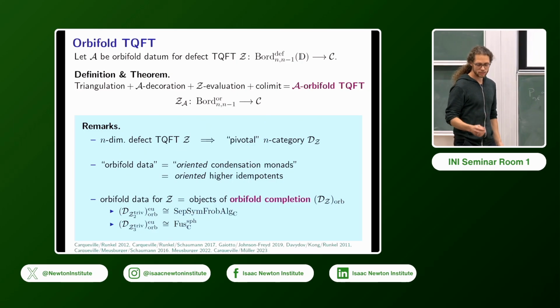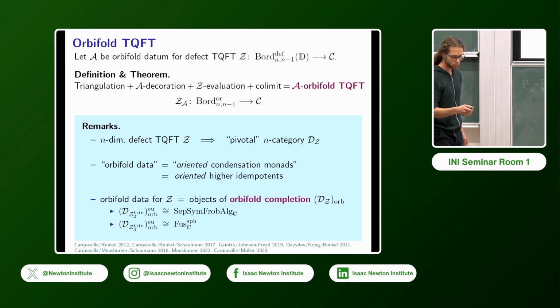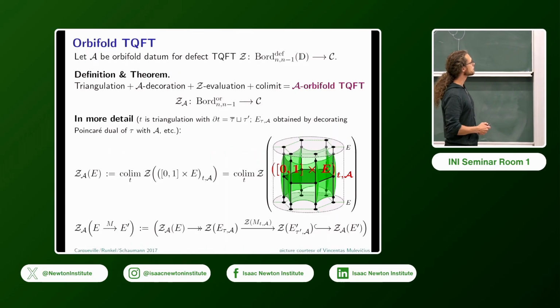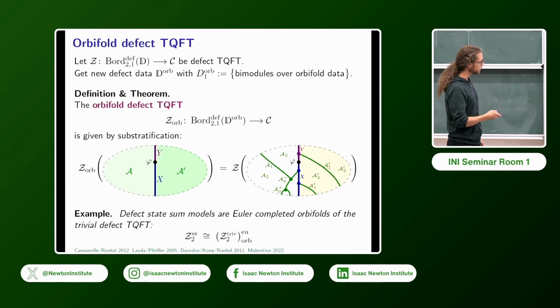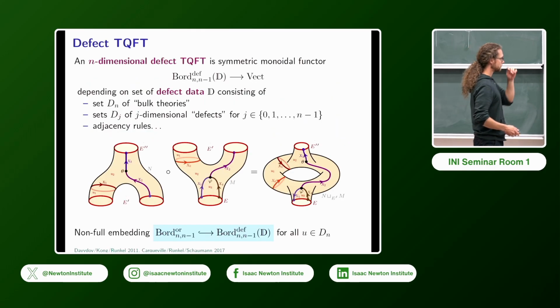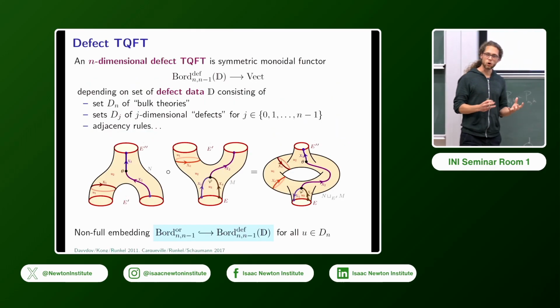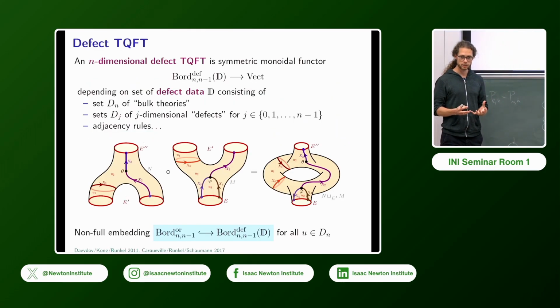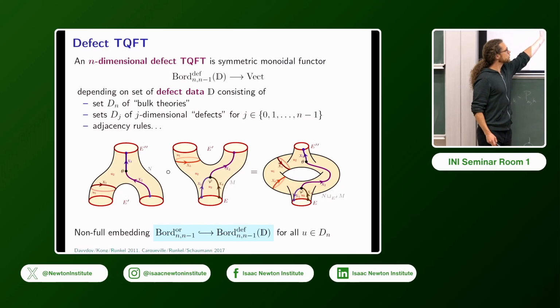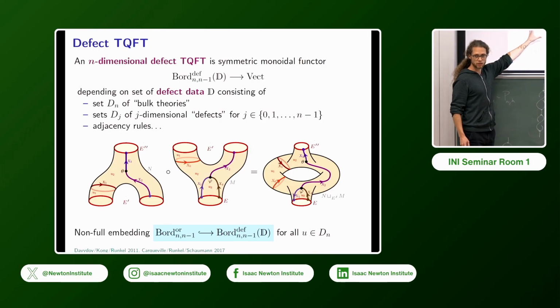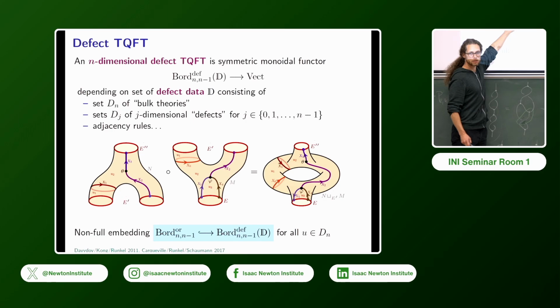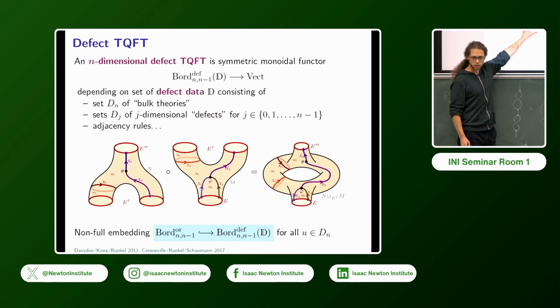But then the very nice thing, and I fear that I don't have a good picture for that, but let's see. Yeah, like here, for example. What the cobordism hypothesis really says is, you want to construct correlators for lots of field and defect configurations in space-time. So imagine this is space-time, and imagine it's the dimension that you like.